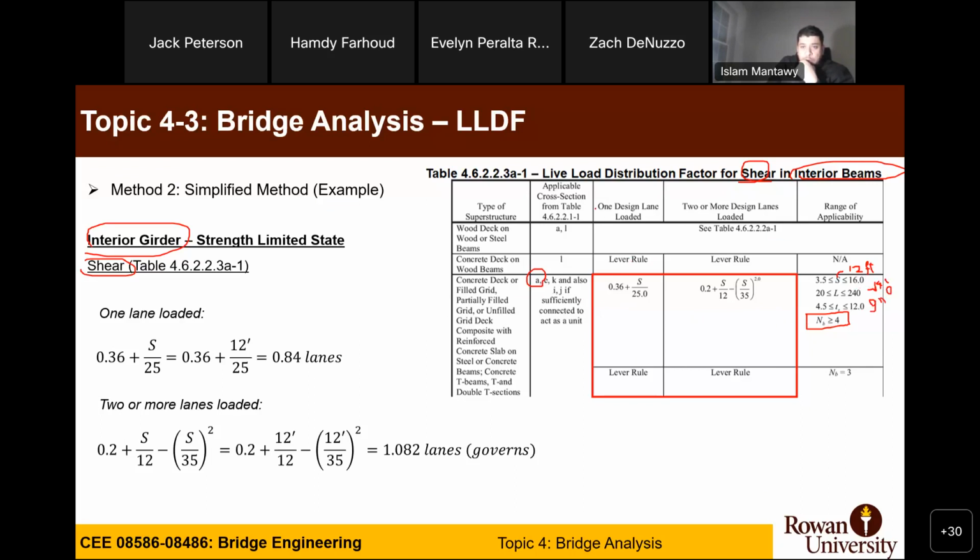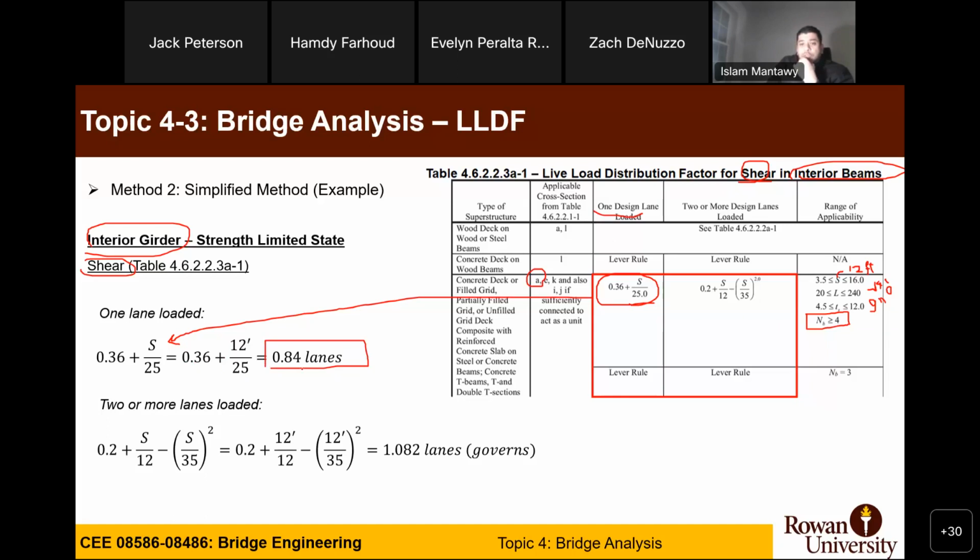For our case, we have 4 girders, so for one design lane loaded it will be just 0.36 plus S over 25, where S is now 12.